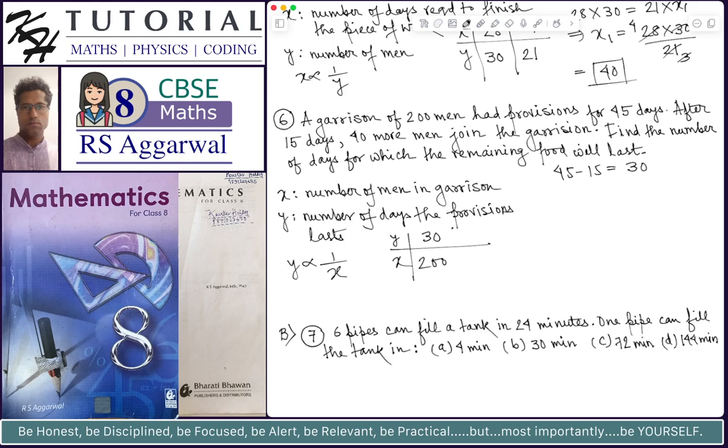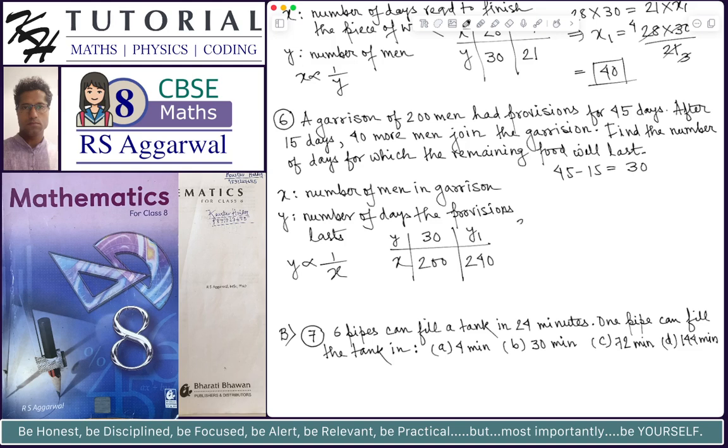Now it is asking, if 40 more men join the garrison, the number of men in the garrison becomes 200 plus 40, which is 240. Then for how many days will the remaining food last? Let us assume that the remaining food will last for y1 days when the number of men is 240.